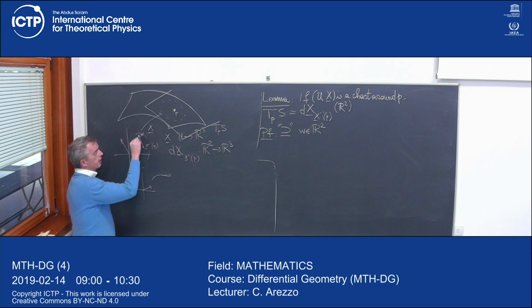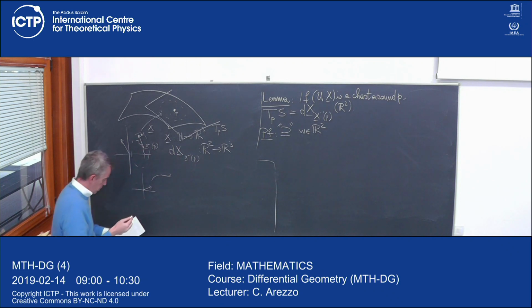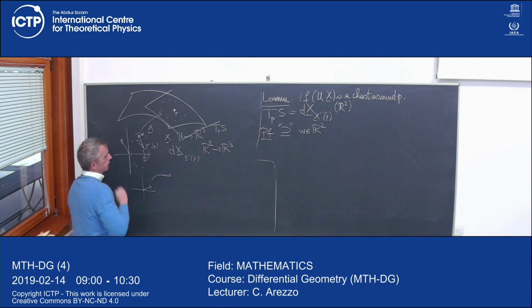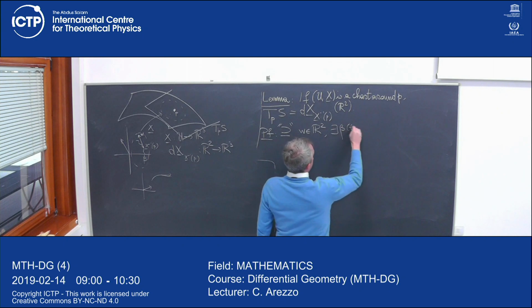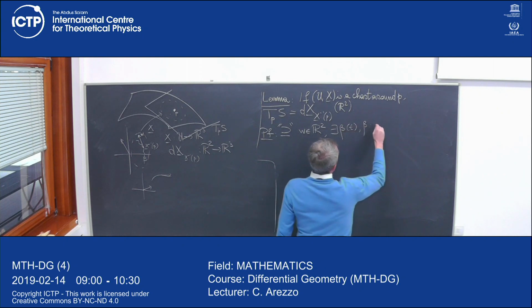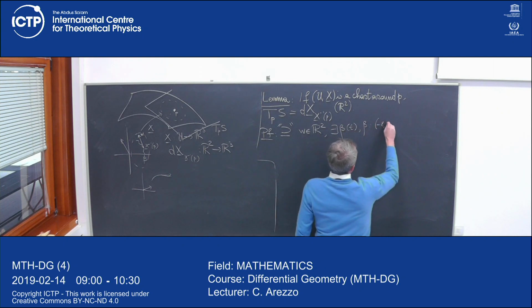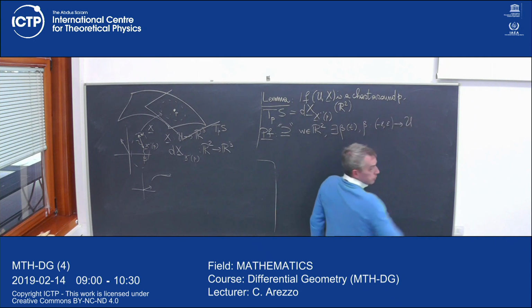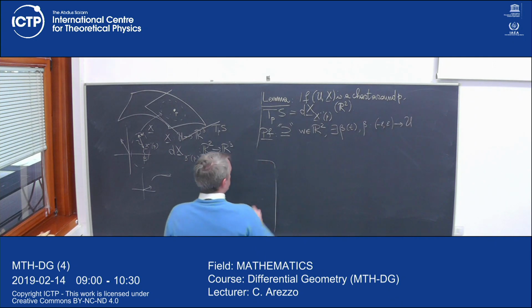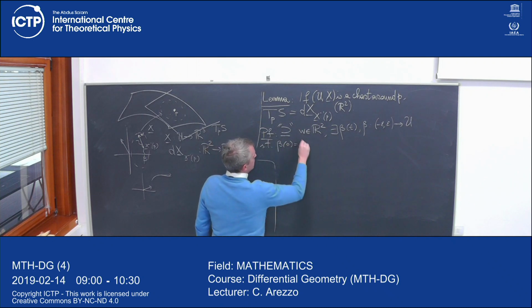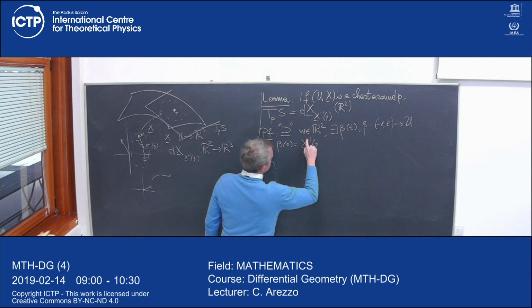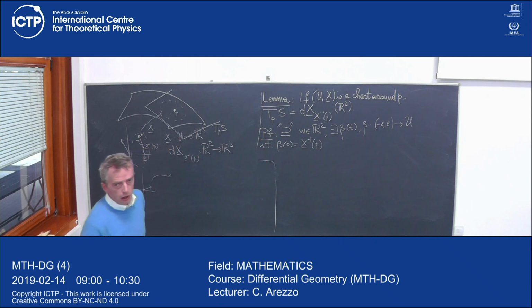If you give me a vector, of course I can take a curve that I want to call beta. Okay? So, for sure there exists beta of t. So beta goes from some minus epsilon, epsilon in U, such that beta of 0, so this passes through the point x inverse of p, with velocity w.